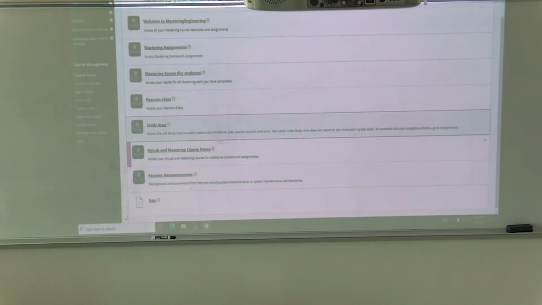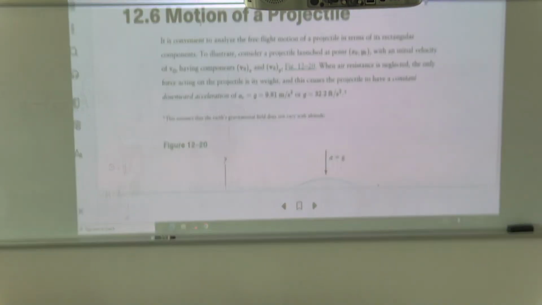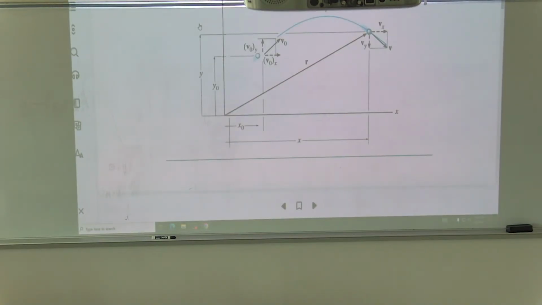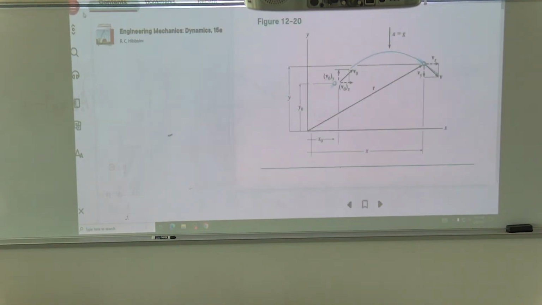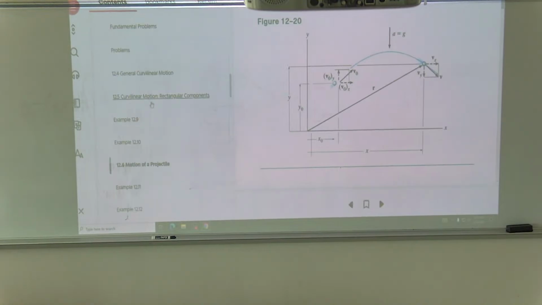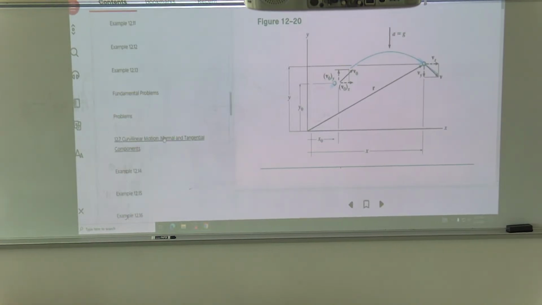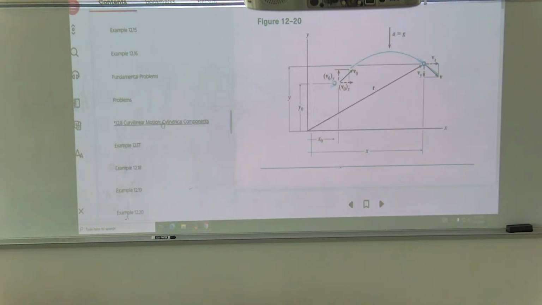Okay, let's go to the textbook. I hope it's not messed up. It says chapter 12. Oh, so the last time we looked at this, it was there. So let's go down past curvilinear motion, projectile, normal and tangent, curvilinear. Okay, here we go.